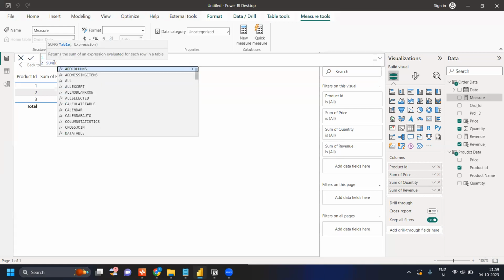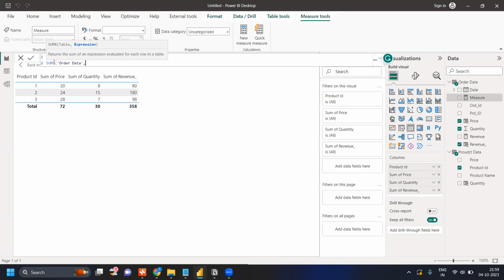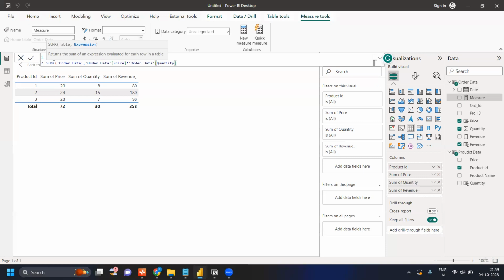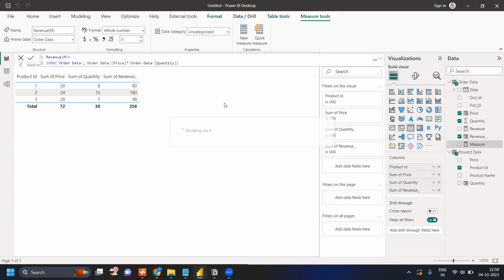So we use SUMX. We need to mention the table name. The table name is the order table, and the expression is Price1 into quantity. We're getting the same output.